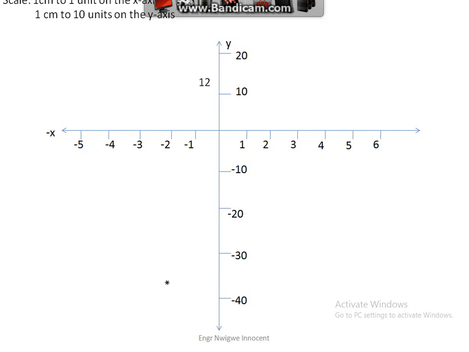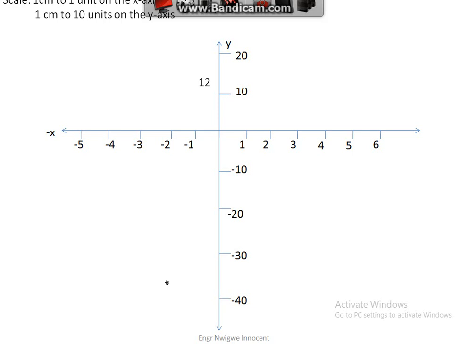Then on the vertical axis of the graph, we have 10, 20 going up, which is for the positive y-axis. Then below the graph we have negative values of y, which are minus 10, minus 20, minus 30, minus 40.